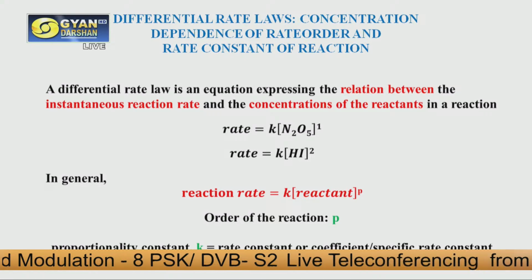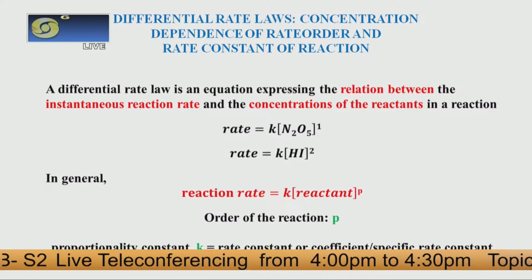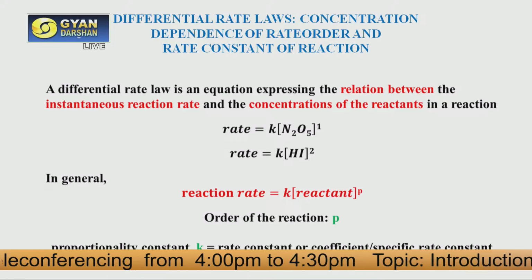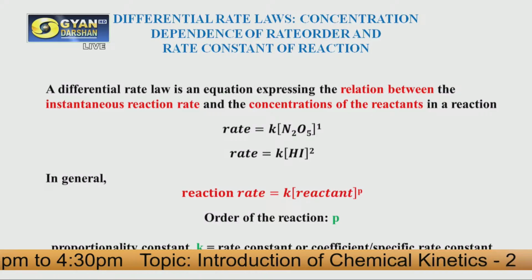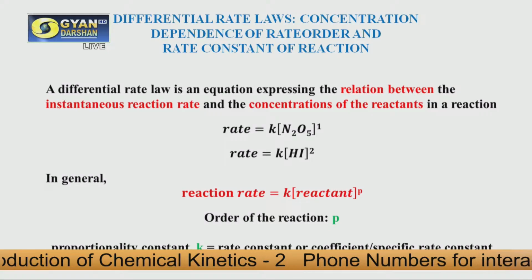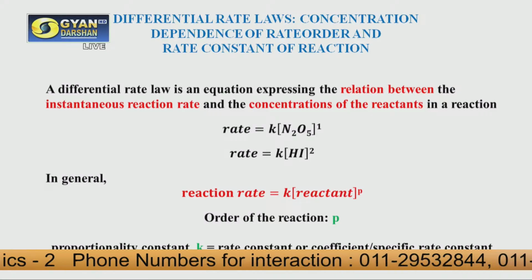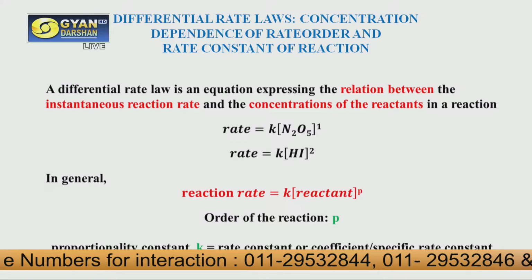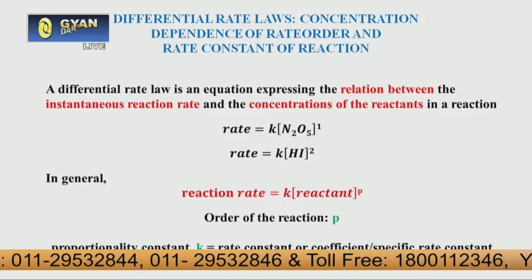K is constant and independent of the concentration, but it may depend on the temperature, the catalyst of the reaction, or the pressure. We will learn the effect of pressure and temperature later, but K is termed the specific rate constant or the rate constant, which is independent of the concentration.